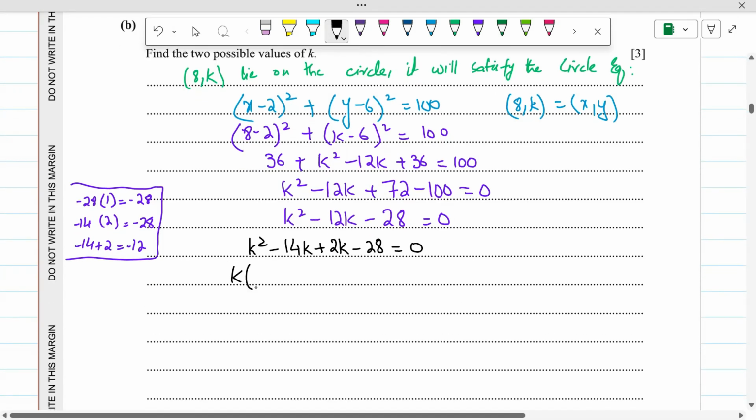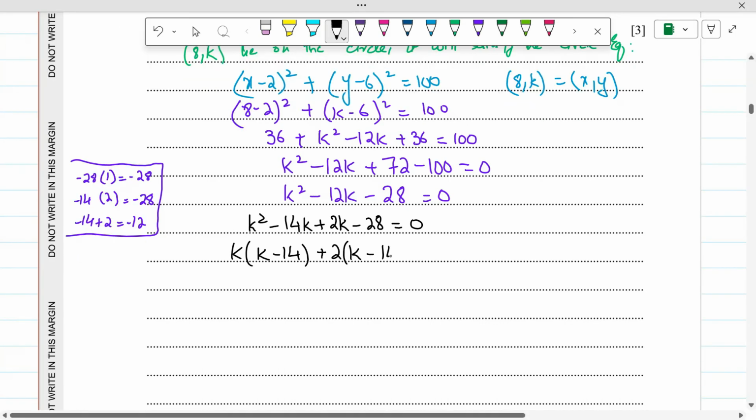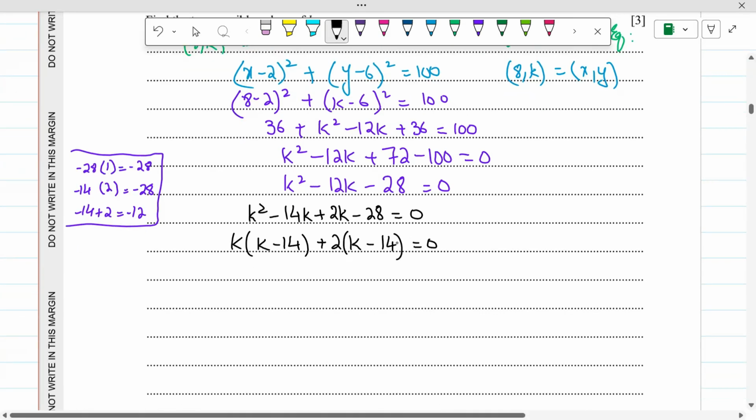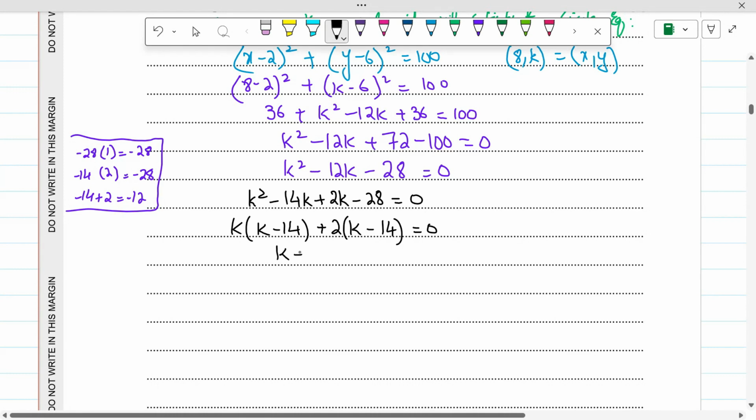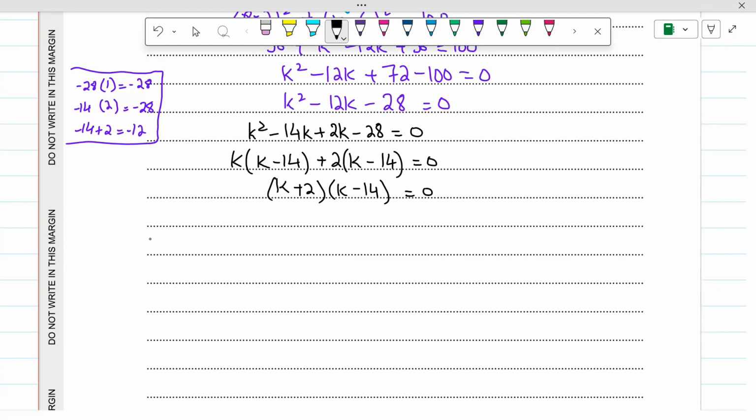Taking k common, we have k(k − 14), and taking 2 common, we have 2(k − 14), equal to 0. So we have (k + 2)(k − 14) = 0. Equating each factor with 0, we have k + 2 = 0 and k − 14 = 0.